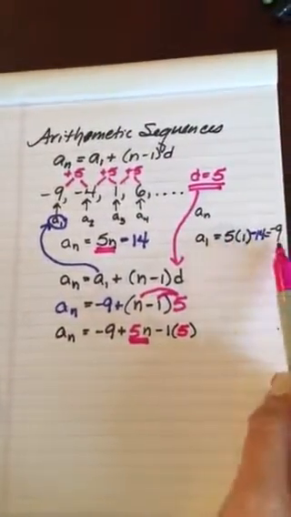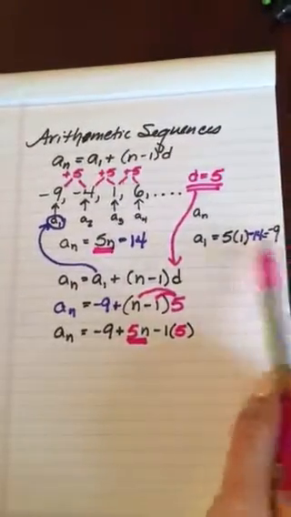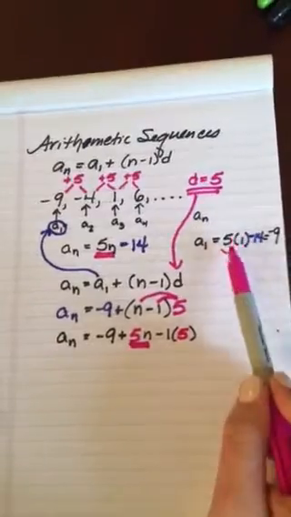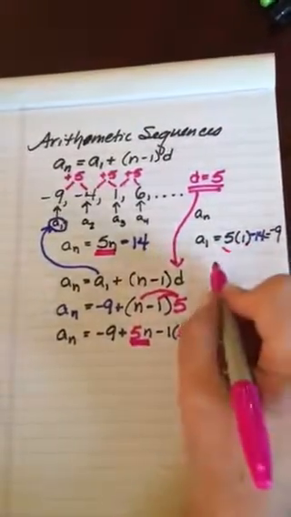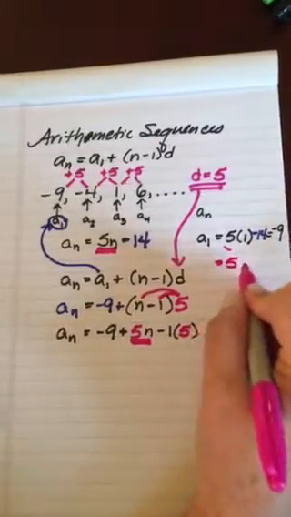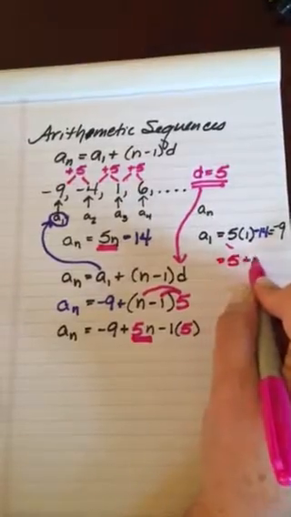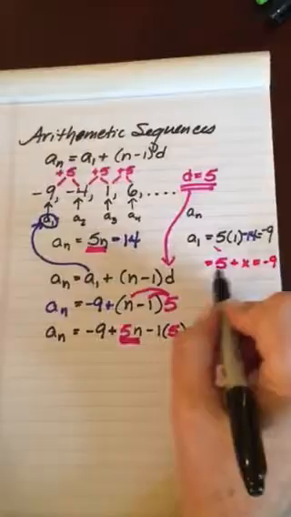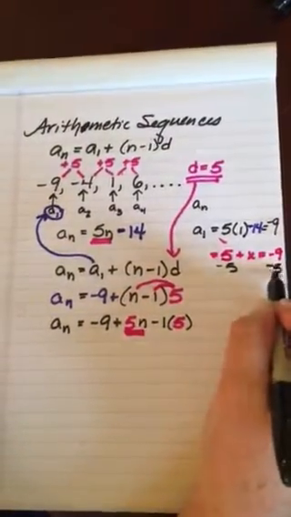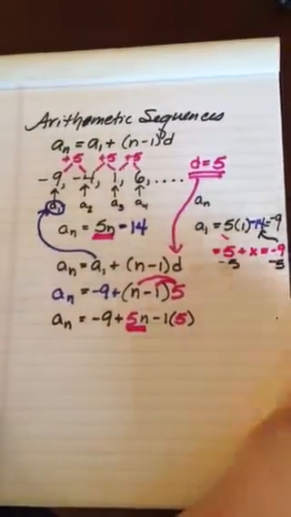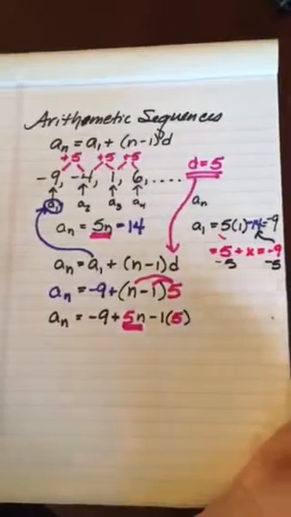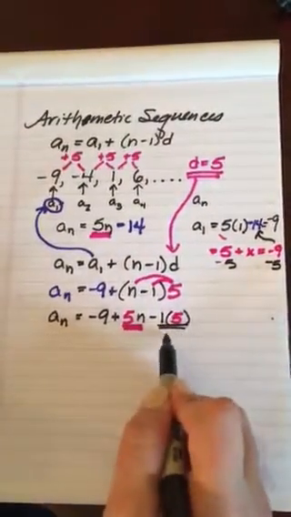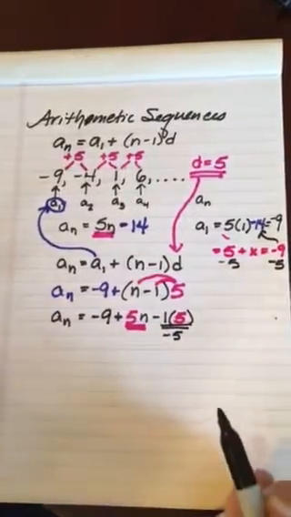Remember what we did over here? When we solved this equation, we thought about, okay, we had to make two sides of the equation, so I had to think, if I had 5 plus something I didn't know equals -9, I would have had to subtract 5 from both sides to get that -14 I was talking about. Lo and behold, what am I doing here? 5 times -1, well, that's -5.